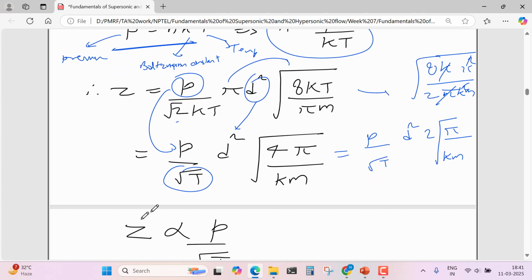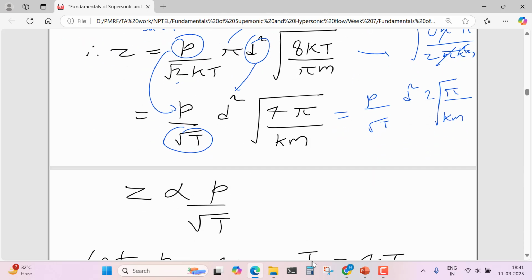So what we got is Z proportional to P upon root T.